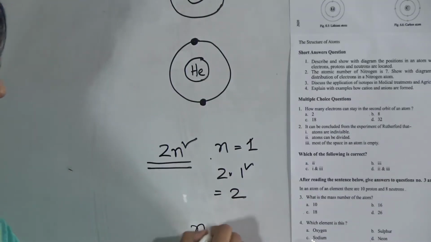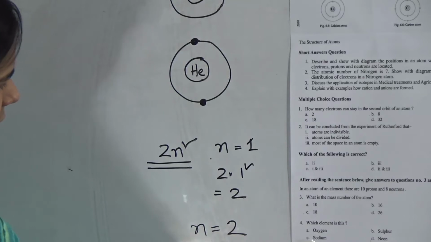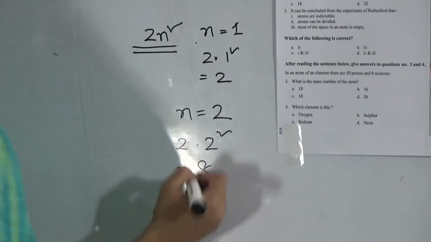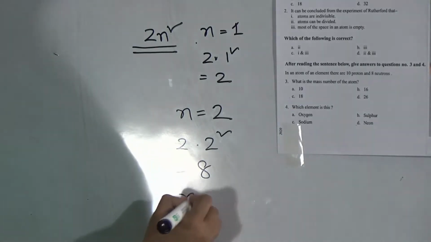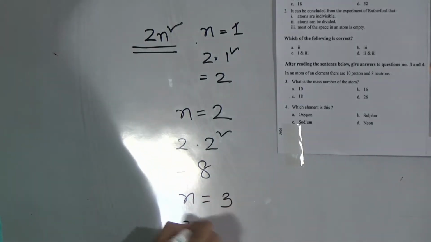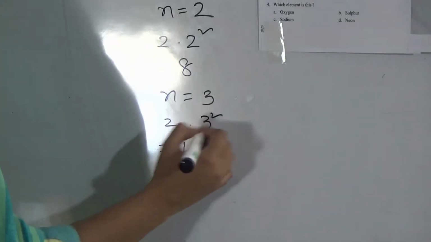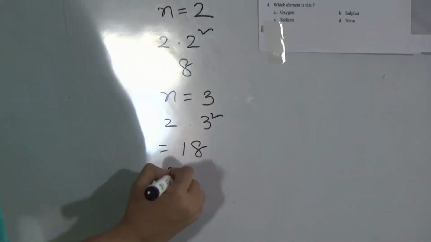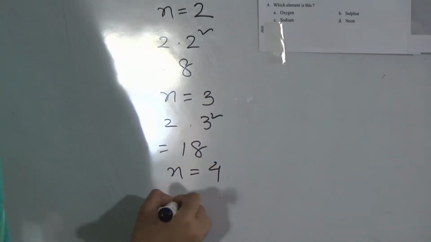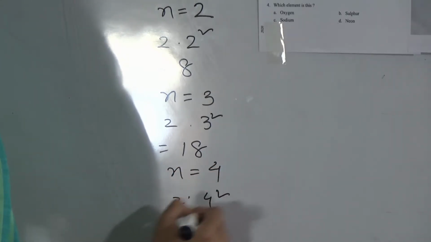When n is equal to 2, that means for the second orbit, 2 into 2 squared, that means 8 electrons can stay. When n is 3, then 2 into 3 squared, that means 18: 3 threes are 9, 9 twos are 18. When n is equal to 4, then 2 multiplied by 4 squared, it will be 32.